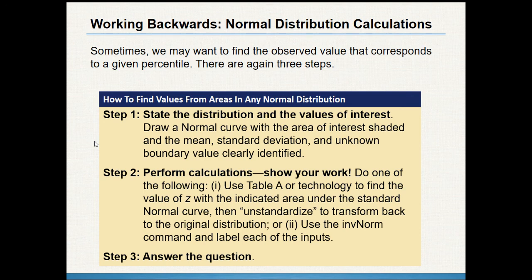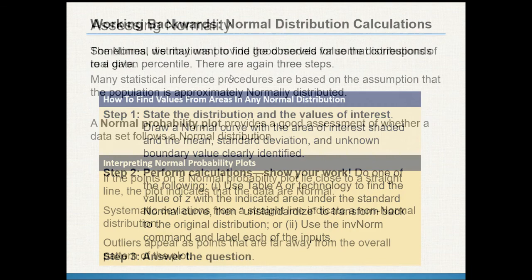You can find out what the 80th percentile would be. It would be a 64 in that case. So you can figure out what score it would take to get to the 80th percentile in that distribution, perhaps. So that's kind of working backwards. That's finding the value given the area. Whereas before we were given the value, but we wanted to find the area. So it's kind of backwards of what we just got done doing.